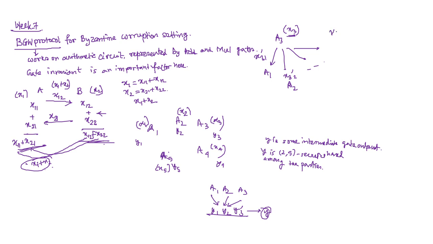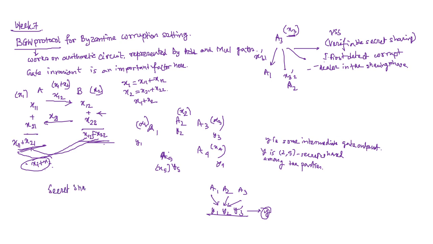So the first target of VSS, or verifiable secret sharing, is to first detect a corrupt dealer in the sharing phase. Any secret sharing protocol essentially has two phases.